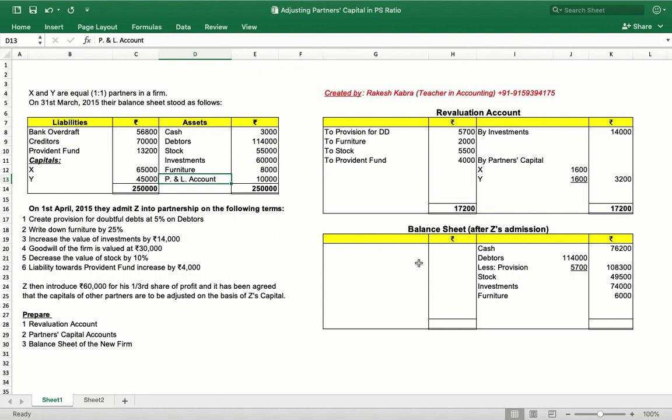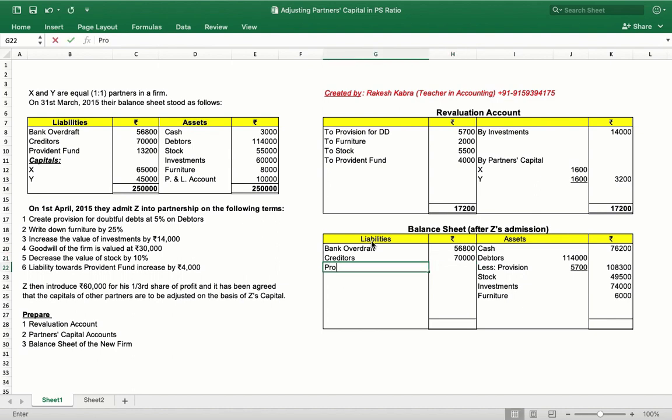Now see the liability side. This was our asset side. On the liability side we will show bank overdraft. There is no change in the value of bank overdraft. Then we will show creditors. Creditors also have no change in amount, 70,000 as it is.